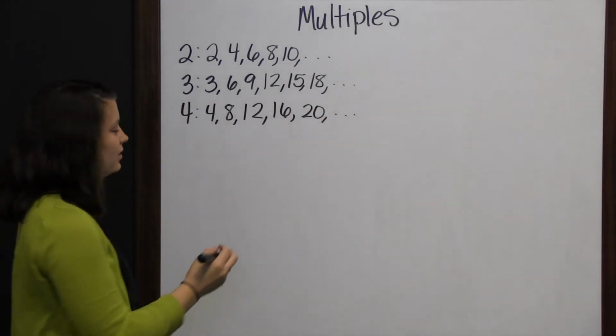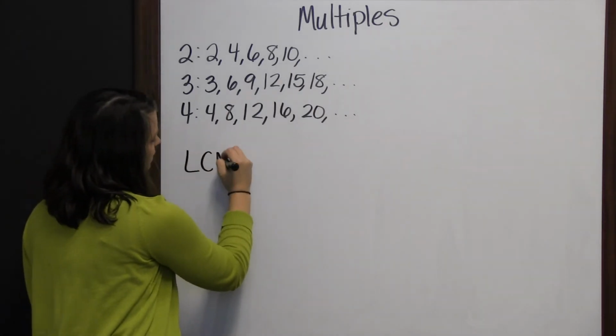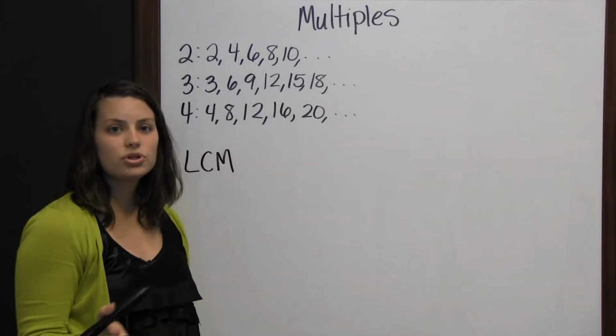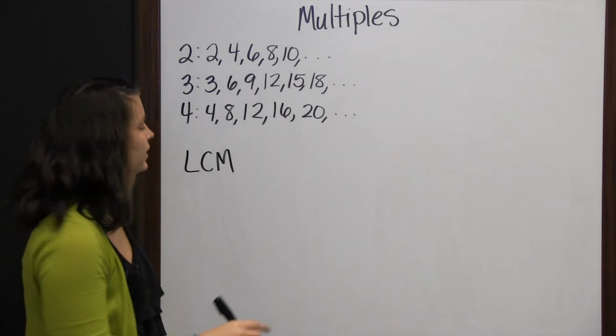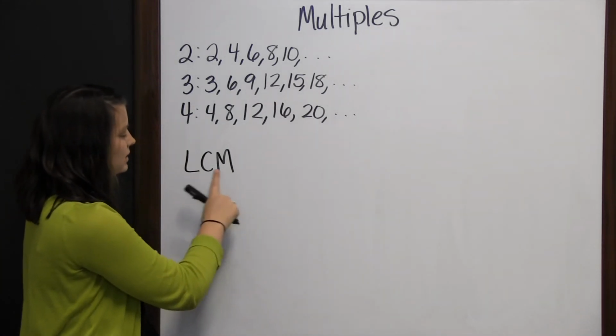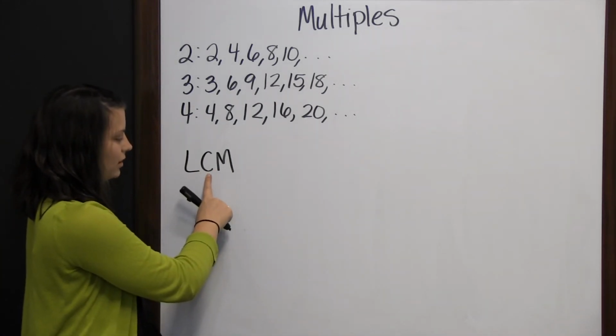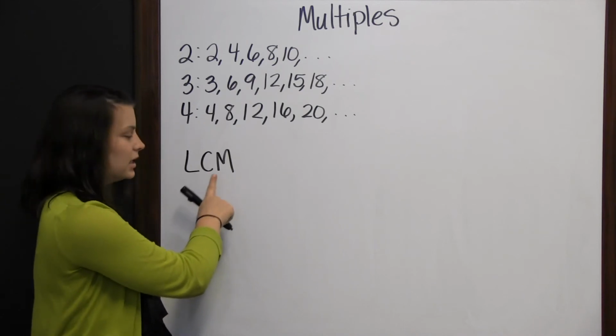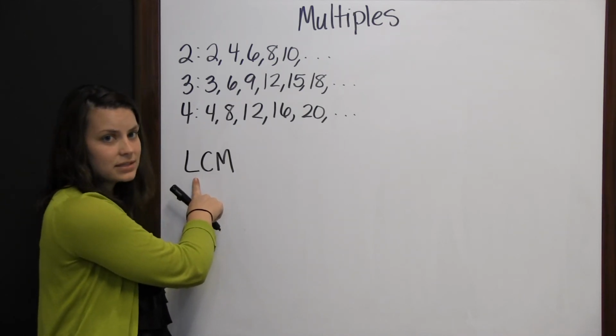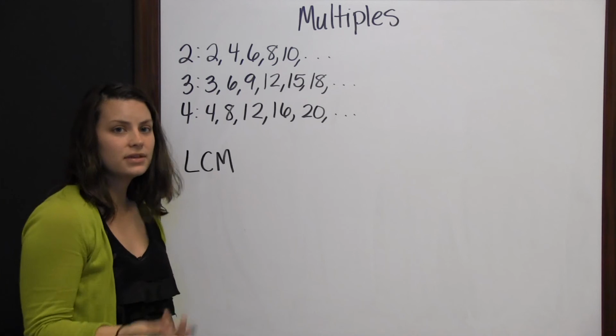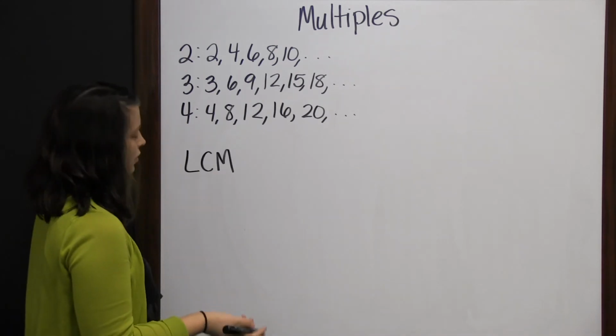Sometimes you're asked to find the LCM of 2 or more numbers. The LCM is the least common multiple. Least meaning the smallest, common meaning the same, and multiple.